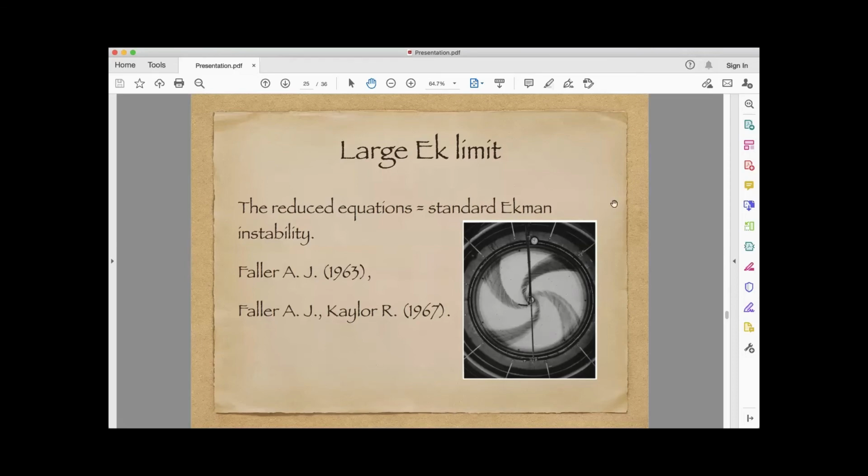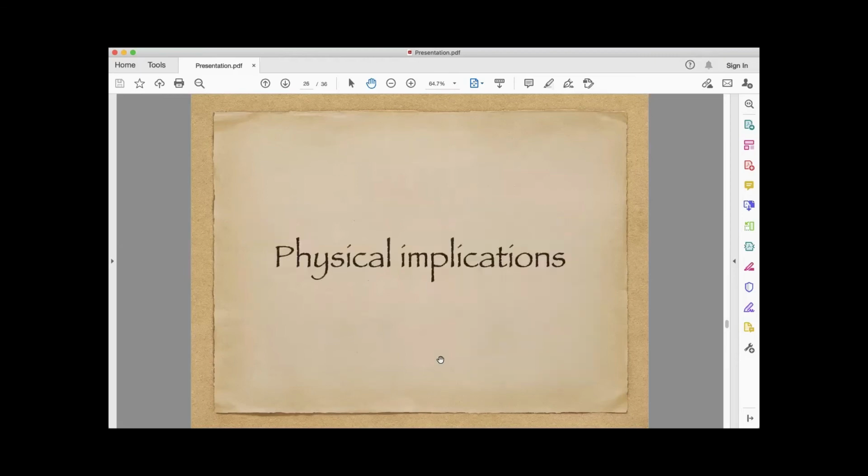This was studied by Fowler in the 1960s, and you can go and read about it. But the large Ekman limit is not very interesting for us, so we do not consider this limit.